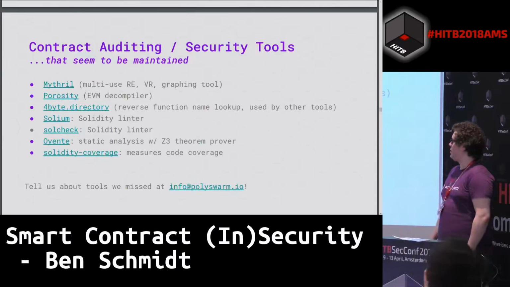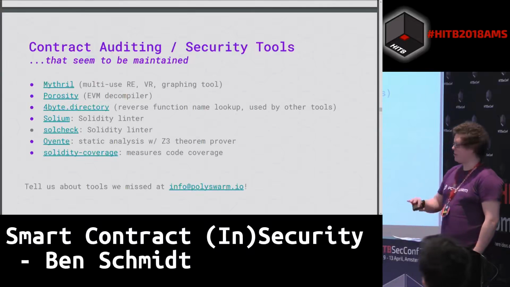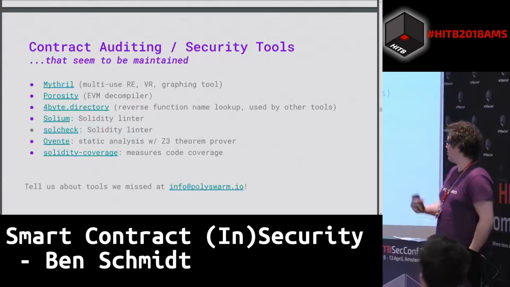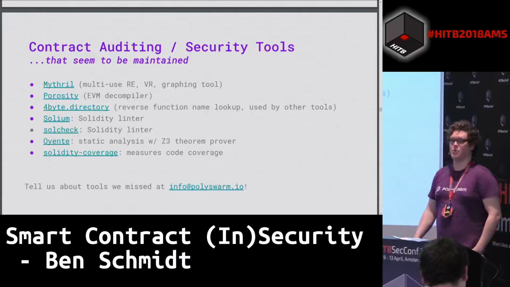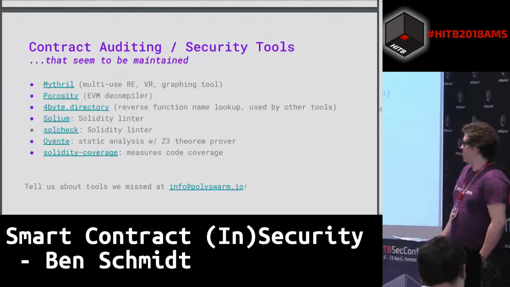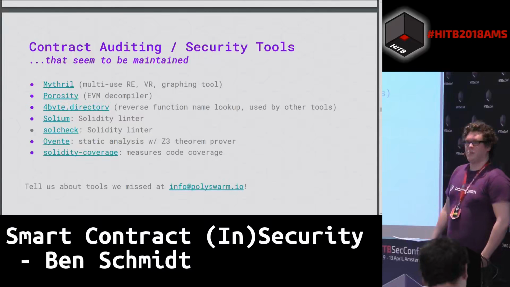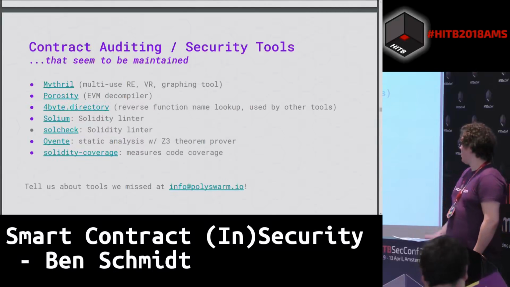Porosity is under active development. There are also some tools on here that I haven't updated yet, but Trail of Bits has a bunch of analysis tools that are really useful. I recommend checking them out on their GitHub. They have a fuzzer, and they have a nice plugin for Binary Ninja to review raw disassembly.